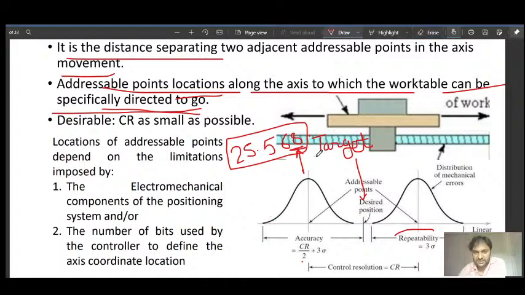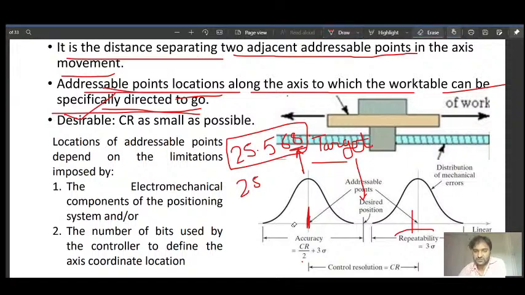We have targeted this one, so this is our desired point. Addressable points mean the distance separating two adjacent addressable points along the axis, the locations to which the table can be specifically directed to go. So we are able to position either here or here.